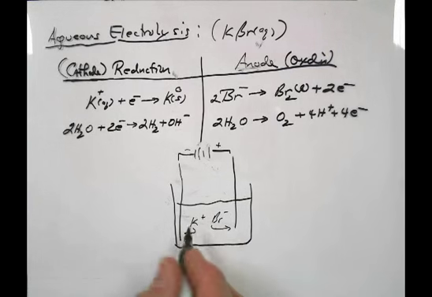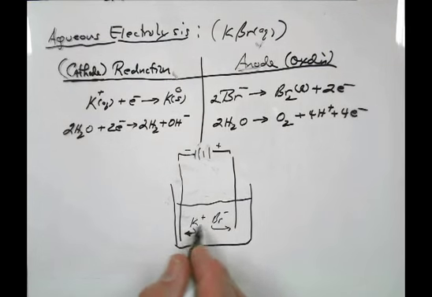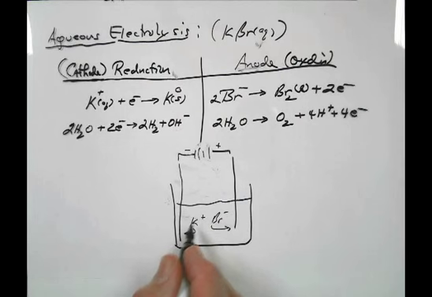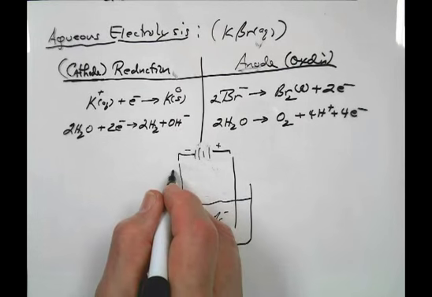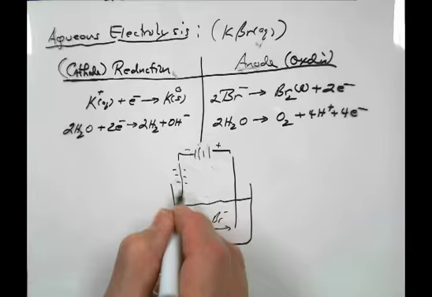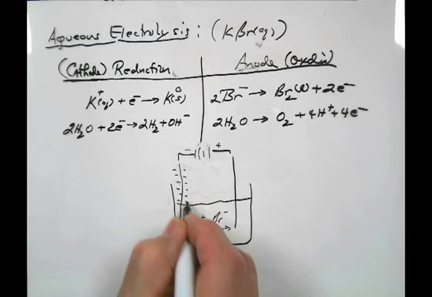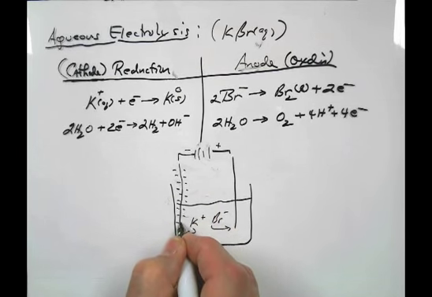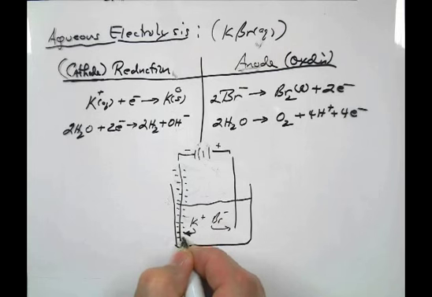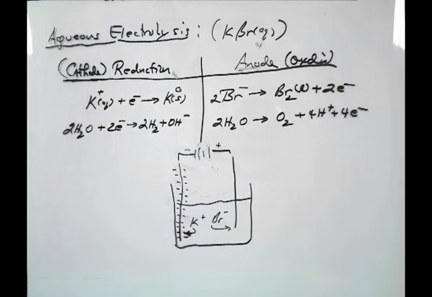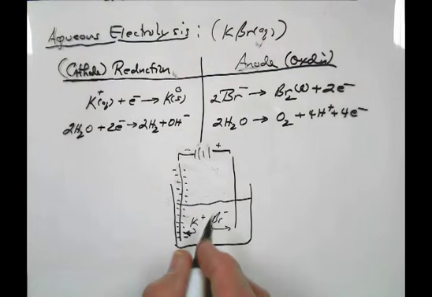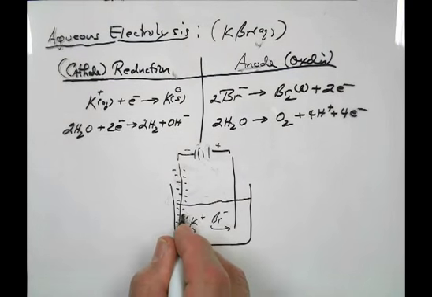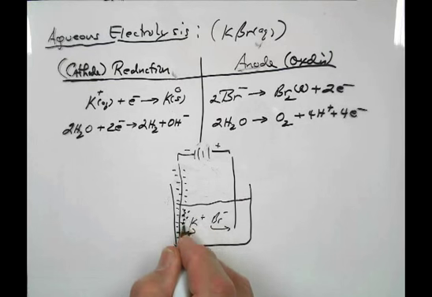Well, one of the things you would observe at the negative electrode, the reduction side, the cathode, is no metal potassium is being formed. But what you would see is a large number of bubbles being generated right here.